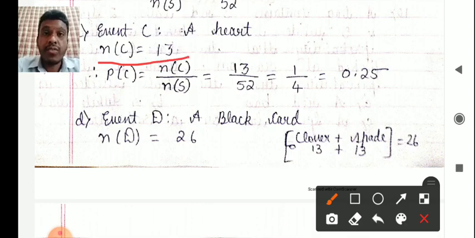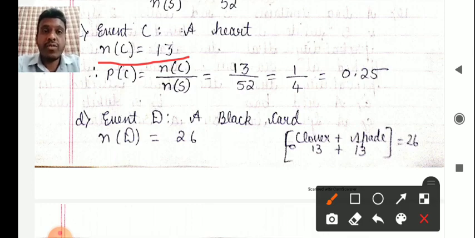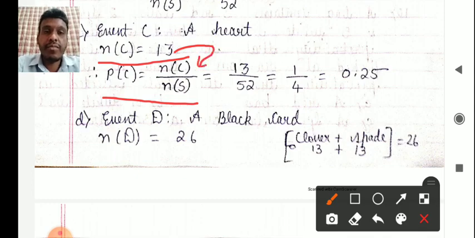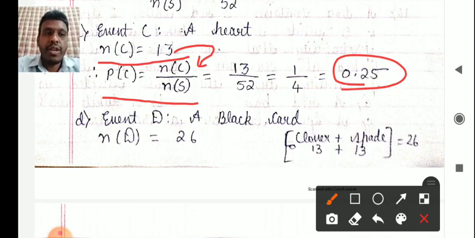There are 13 hearts, one full set of hearts. So probability of C is equal to n of C upon n of S. n of C is nothing but 13. So 13 upon 52, total 52 cards, which is equal to 1 upon 4, which is equal to 0.25. Okay, now moving to the next problem.